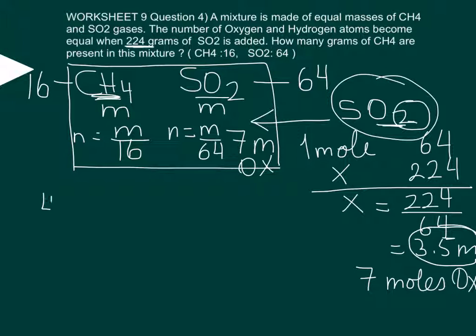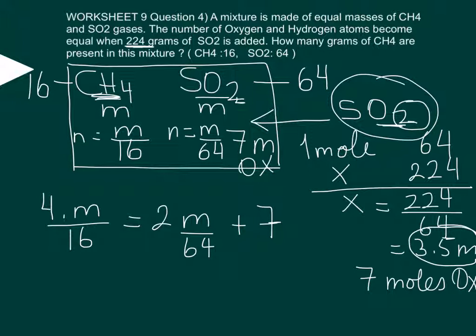4 moles of hydrogen times the mass of methane, M over 16, is equal to 2 times M over 64 plus 7. This is the moles of hydrogen atoms coming from methane.